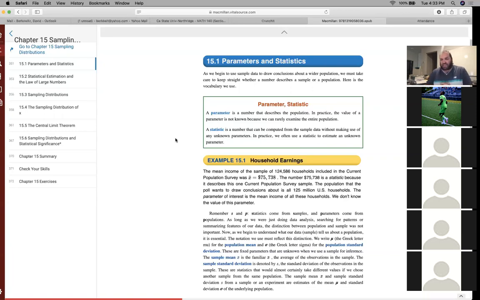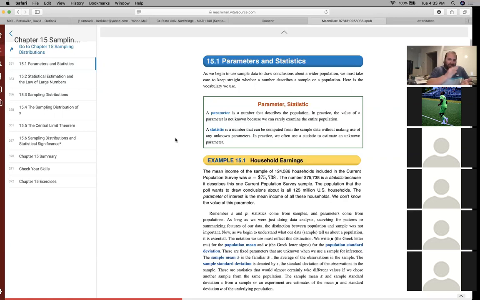So if I decide to take a sample of 100 people and compute their average height, I'm using that average height as my approximation, my guess, for the average height of every American. The average height of my sample, that's a statistic. The average height of every American, that's a parameter.